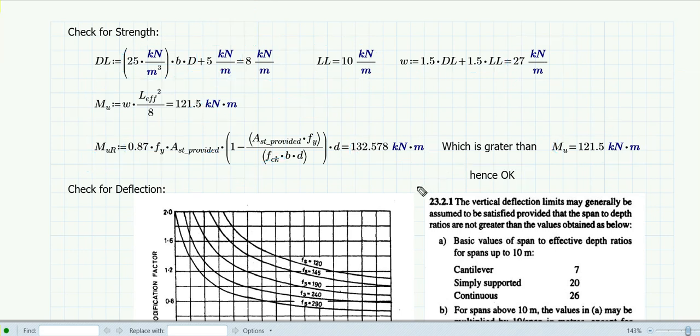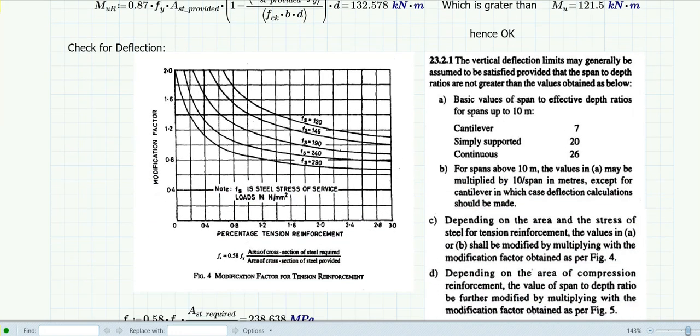Okay, now another check you have to do is the check for deflection. Already I have shown you this particular clause 23.2.1, and it tells you about the span to depth ratio: 7, 20 and 26 for cantilever, simply supported and continuous beams respectively, up to a span of 10 meters.